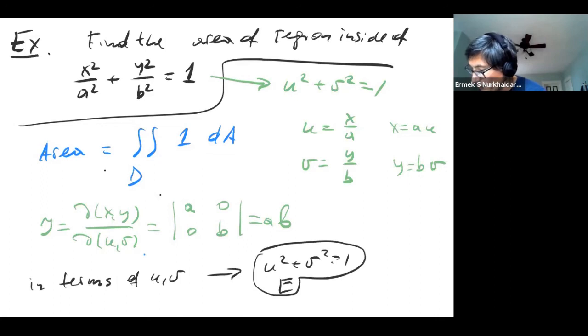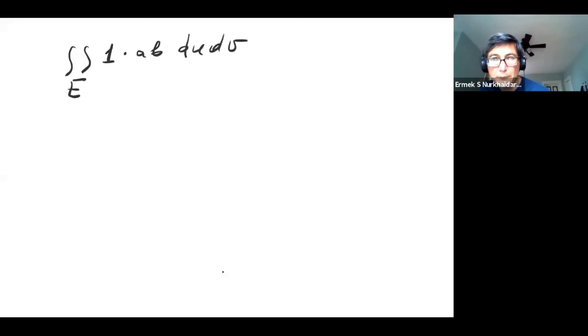So what we're going to get is, I'll move on to the next page, the double integral over that new region E. We have our original function 1, the Jacobian a times b, du dv. And this one is supposed to be easy to finish.